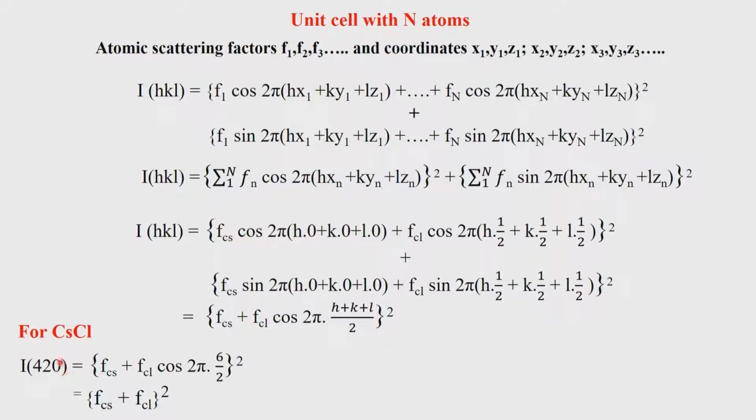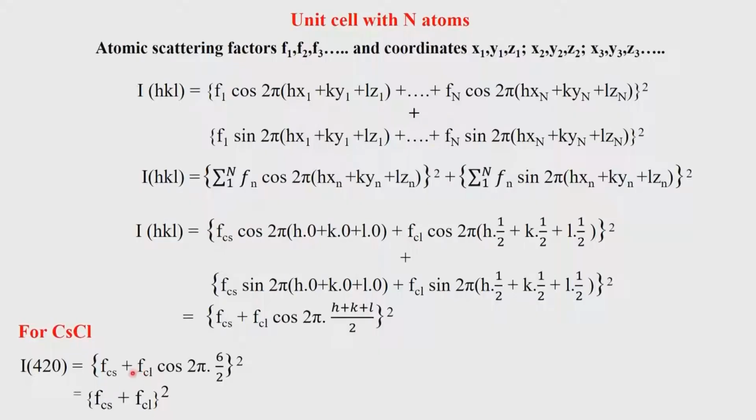All you have to do is to substitute the values in that expression. So, you take the f of Cs corresponding to that value in our f versus sin theta by lambda picture. We cannot take the z value, we have to take that value of f of Cs which corresponds to the scattering angle. So, if the scattering angle is theta, the corresponding sin theta by lambda value has to be read for the f of Cs.